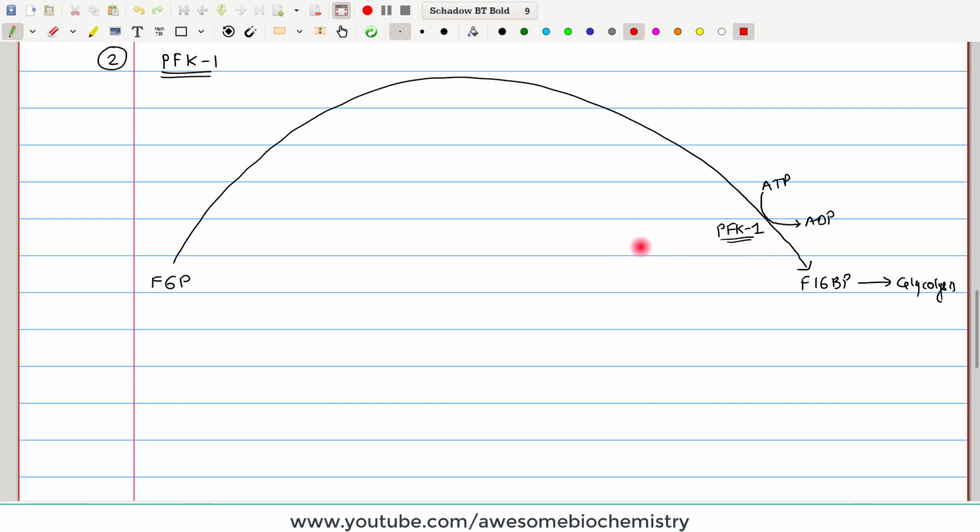The first important allosteric site is for ATP. ATP inhibits phosphofructokinase 1, and another molecule, citrate, also inhibits phosphofructokinase 1. Remember, both of these are allosteric inhibitions.